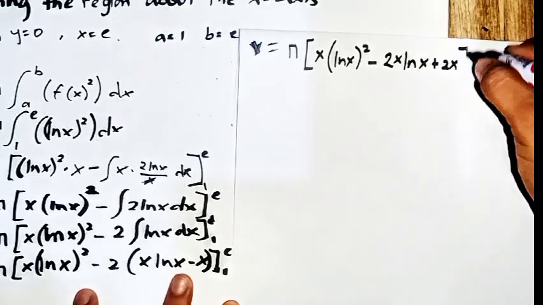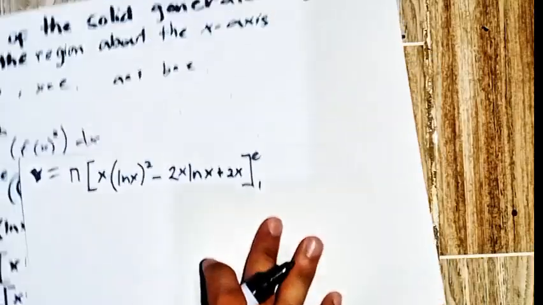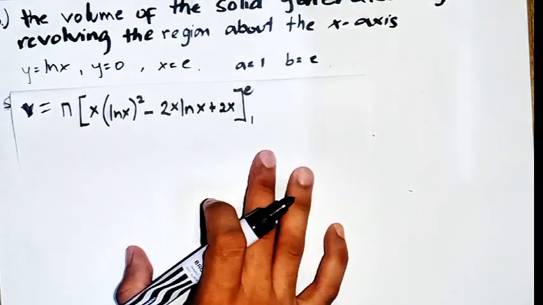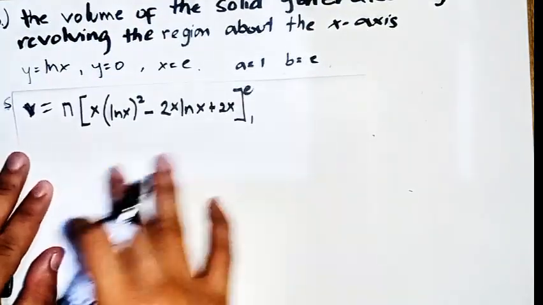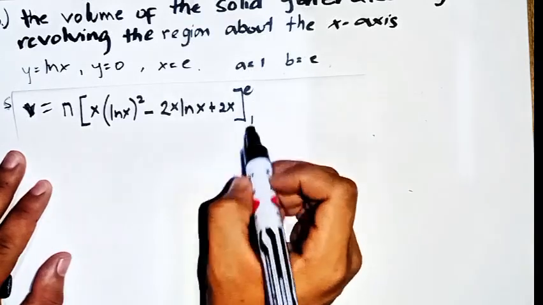Don't forget the 1 to e. Now let's substitute the upper limit minus the lower limit.